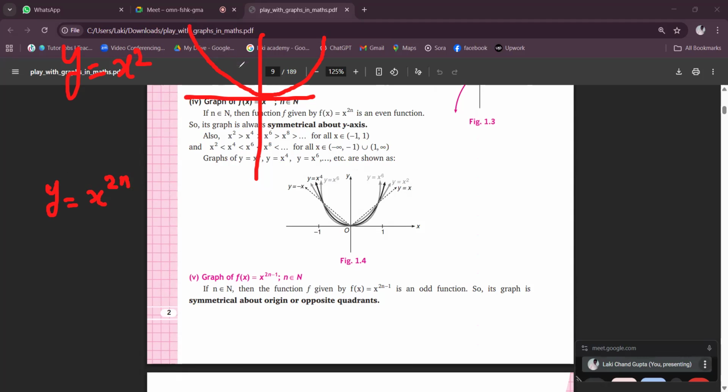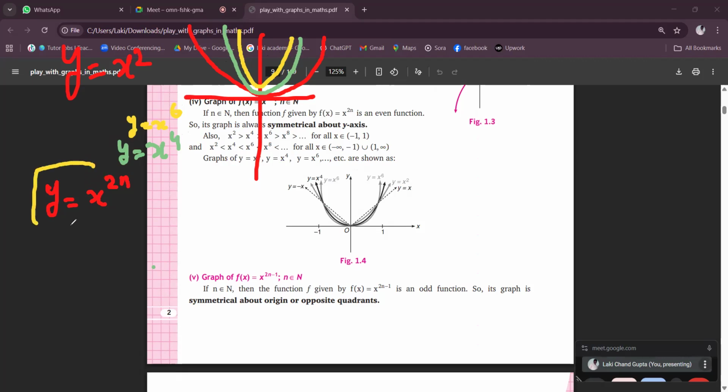If its power increases, it bends. Let's suppose you are putting n is equal to 2, you can say x raised to 4. It bends toward y-axis. x raised to 6, it bends like this.